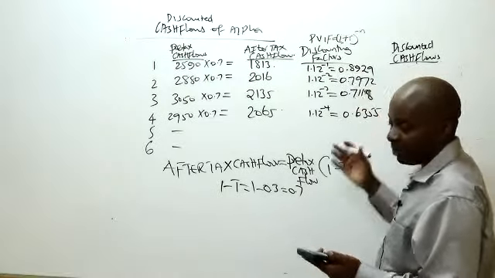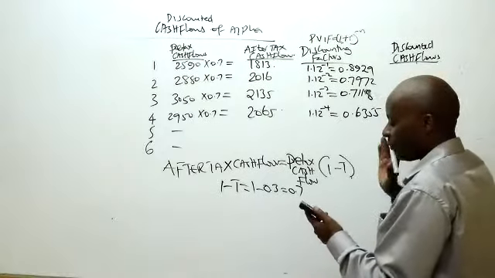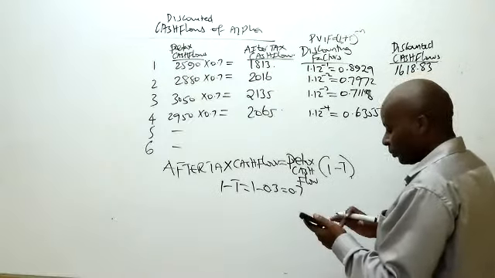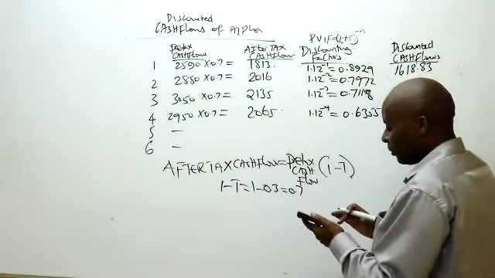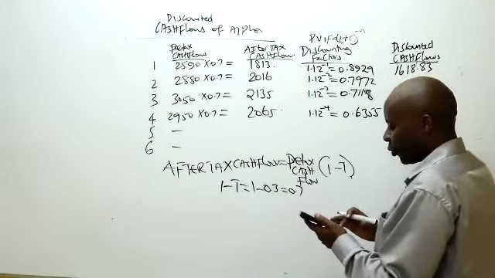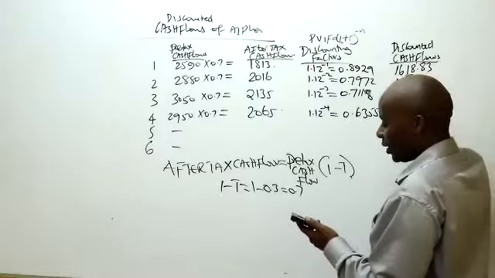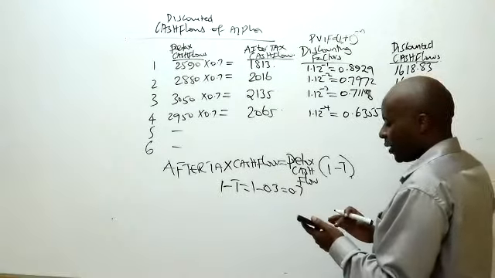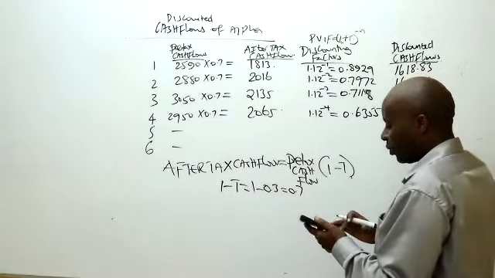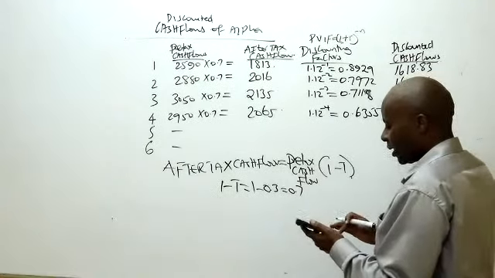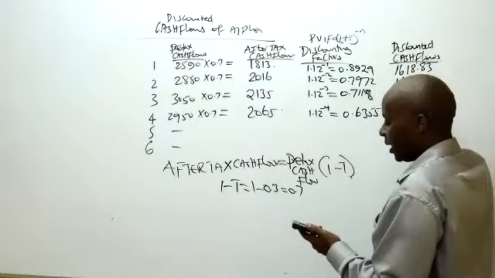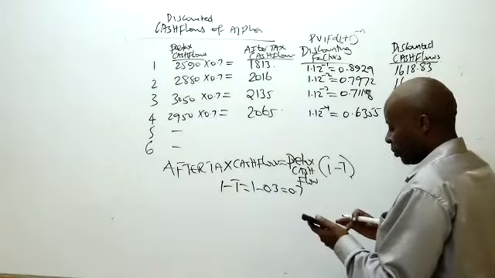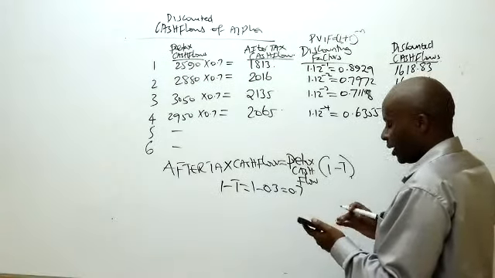The VIFs, of course, must be 4 decimal places, but for discounted cash flows, 2 is sufficient. 2016 times 0.7972 equals 1607.16. 2135 times 0.7118 gives us 1519.69. And then 2065 times 0.6355 gives us at the end of the day 1312.31.